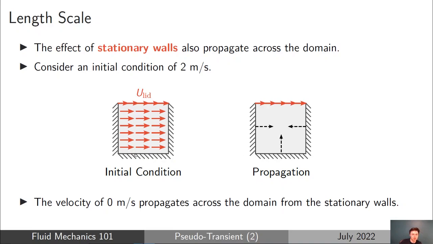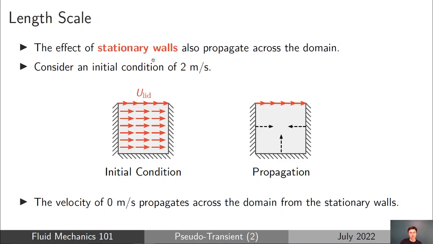The velocity, of course, is 0 at the walls, it has to be, and so as the solution develops, we'd see the effect of 0 velocity propagating away from the walls back into the domain and slowing down the fluid at the bottom, slowing down the fluid at the side, until eventually we were able to develop that swirling cavity flow in the lid-driven cavity.